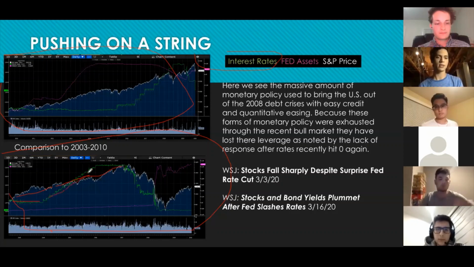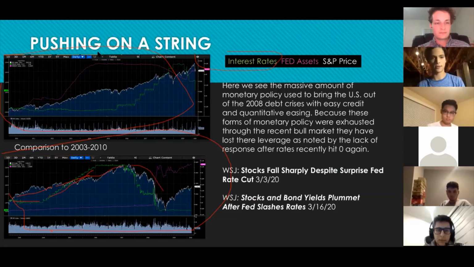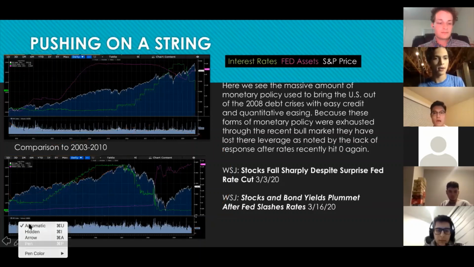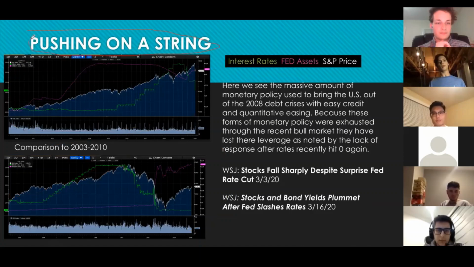So usually what happens as things get risky, the central bank raises interest rates to slow down bad lending, which kind of pops this bubble and creates a downward cycle where assets go down. One thing I'll point out here, I call this slide pushing on a string, and you'll see why in a second.